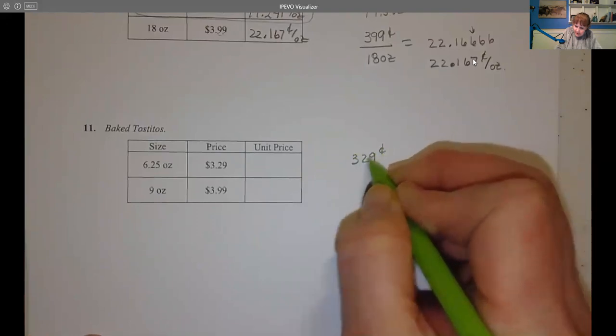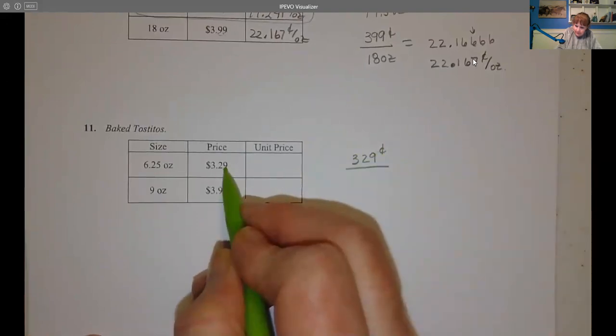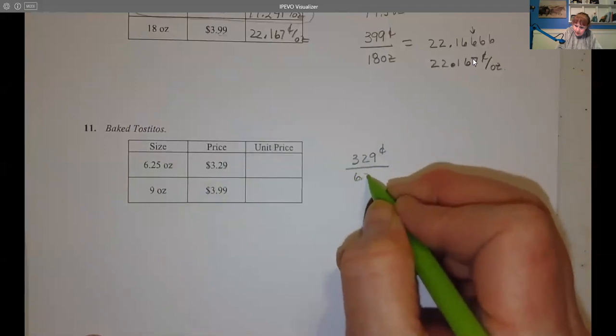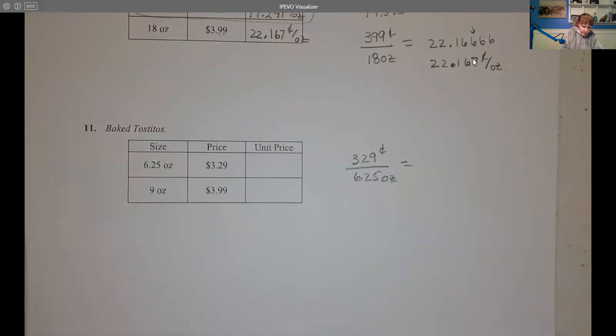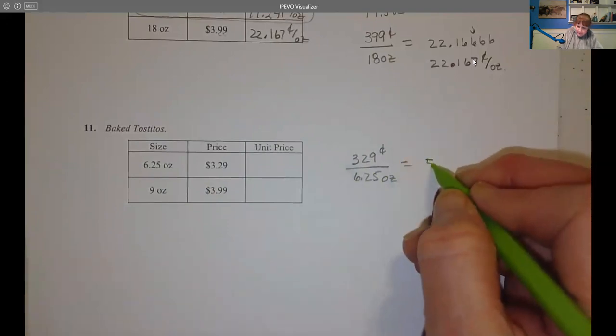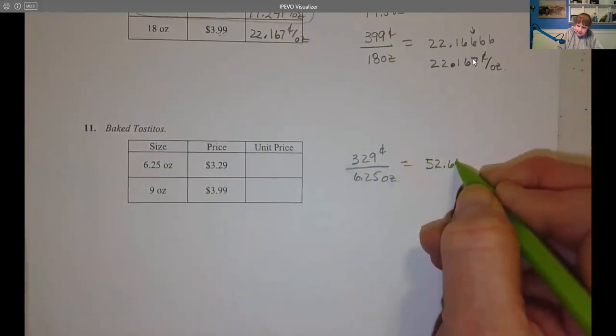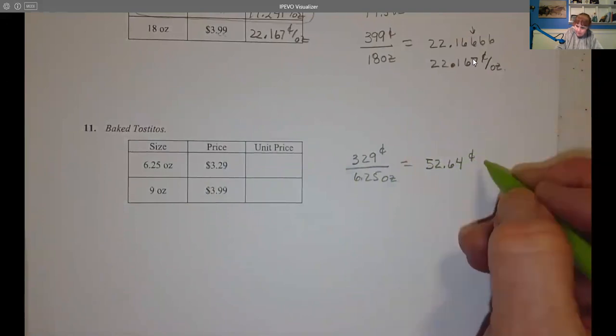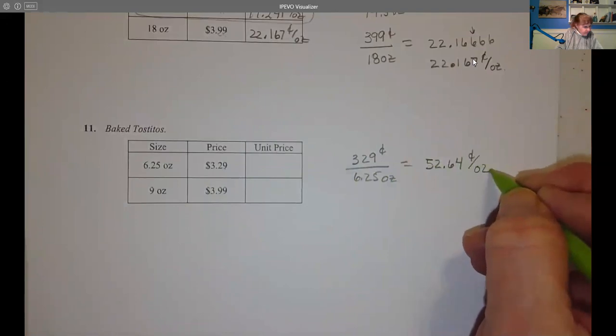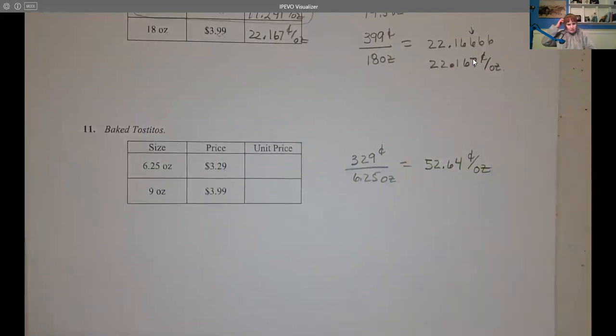That's how many cents here over 6.25 ounces. 329 divided by 6.25. We're going to get 52.64 cents per ounce. Okay, and then we'll do the same thing with the 9 ounce.